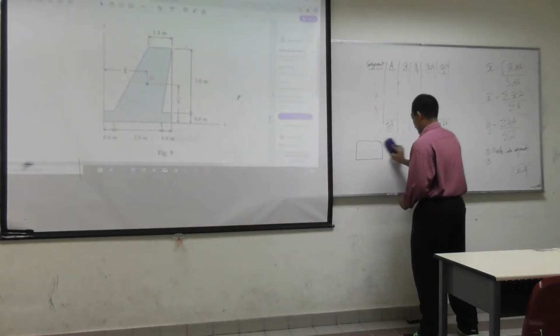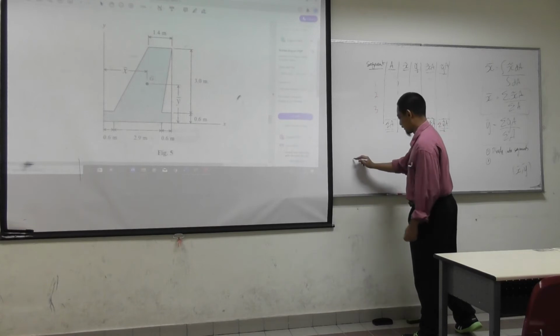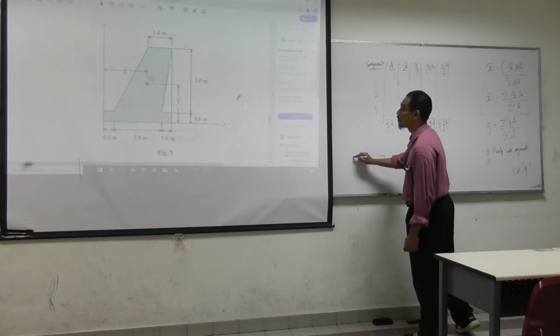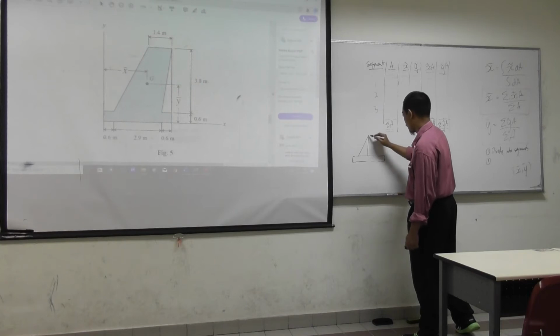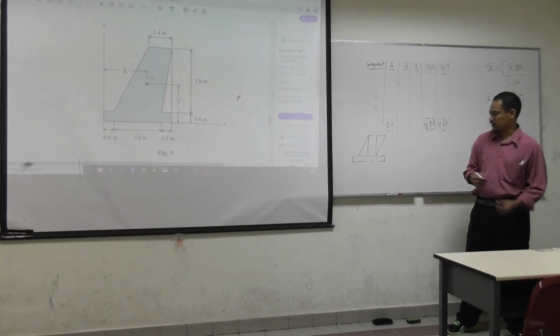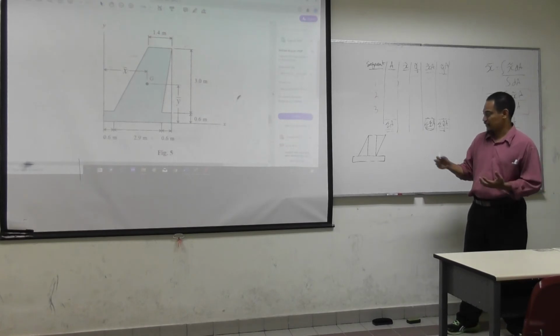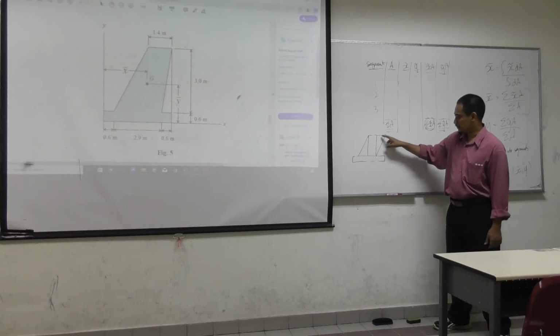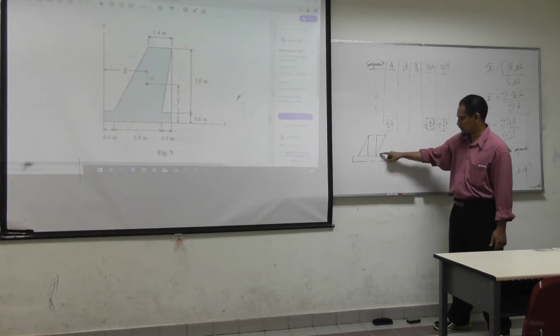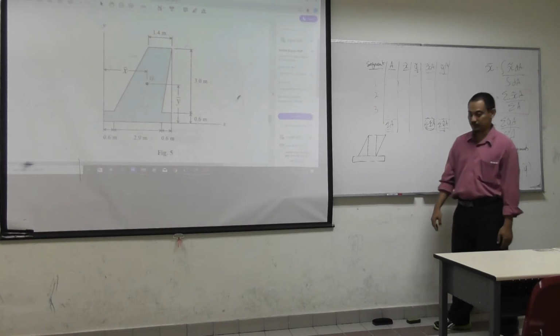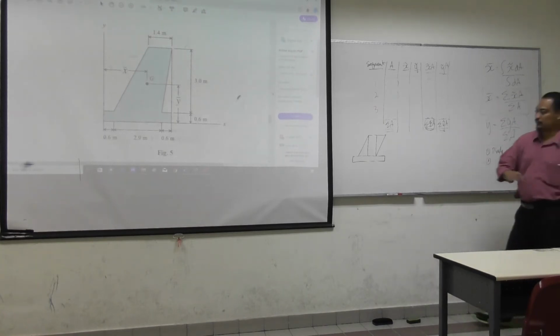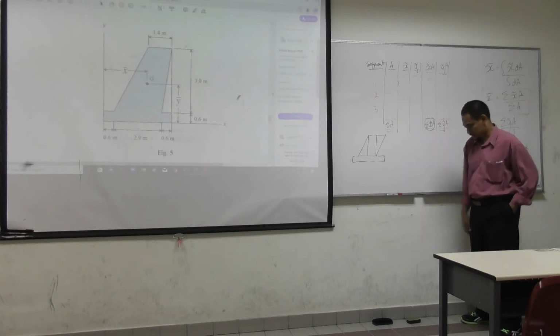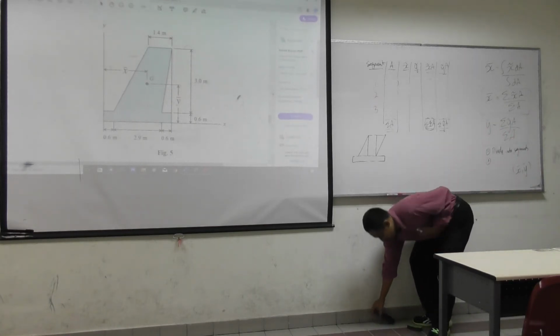But I think many will just divide something like this, and most of you divide that way. As long as it is correct, then it is correct. Some take this rectangle and then minus this triangle. But you have to indicate what is going on so that the examiner will understand.